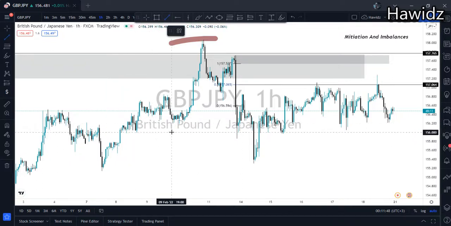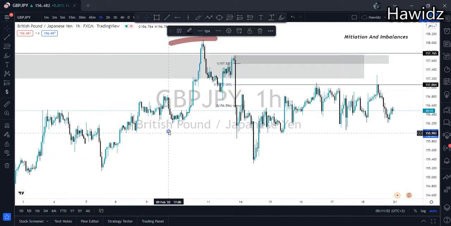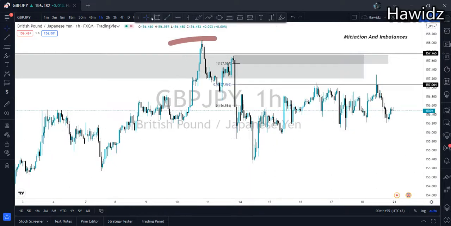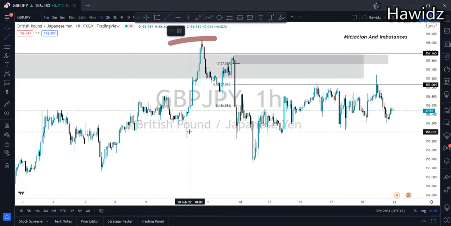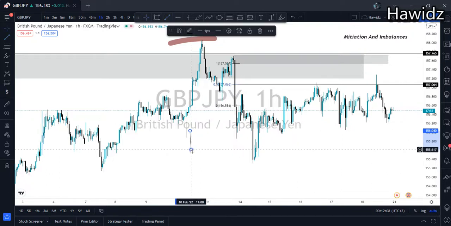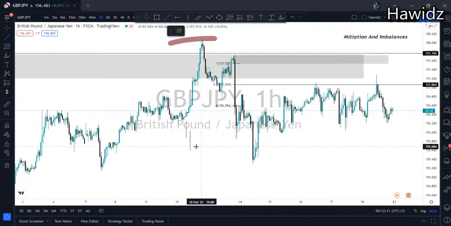What exactly do we mean? We mean that if there's a downtrend, let's say we have this candle, this candle, this candle, and this candle here.